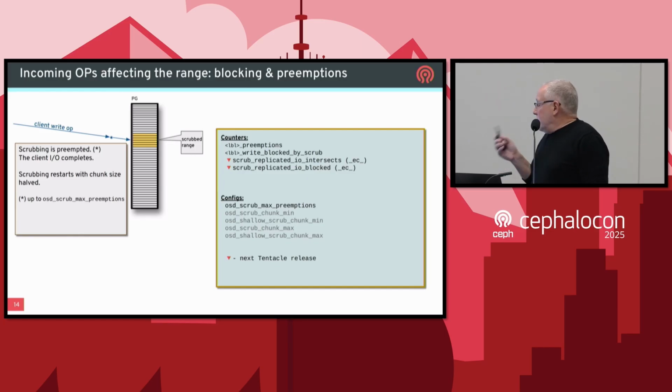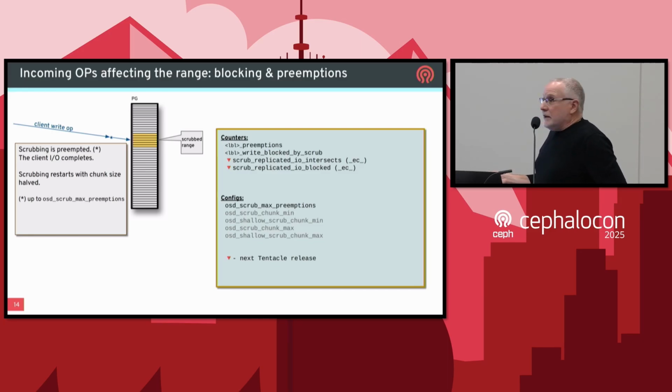Okay? And I want to emphasize this. Scrub doesn't lock the objects in a regular sense, but it does interfere in access to the objects in this region, in the active chunk. And what it does is this.